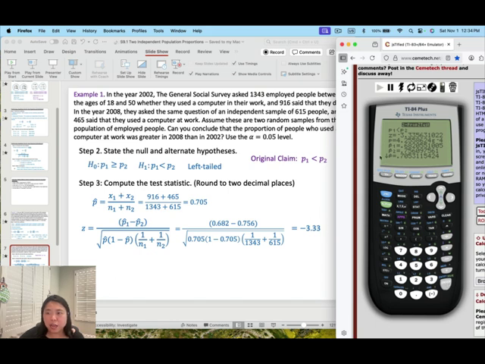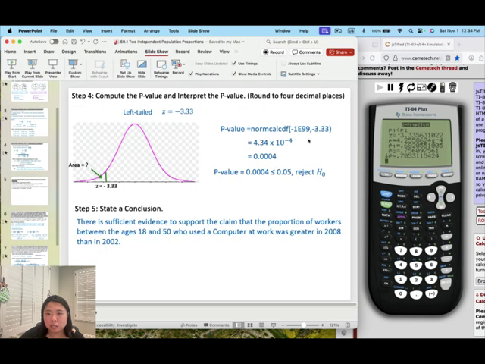So first, we have the test statistic, negative 3.33. And the p-value will be 4.25 or 4.26 times 10 to the power of negative 4. That is a little bit off from ours because the test statistic we found is negative 3.33, but they found negative 3.34.